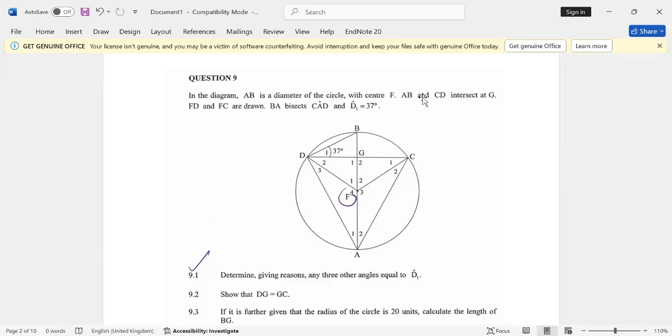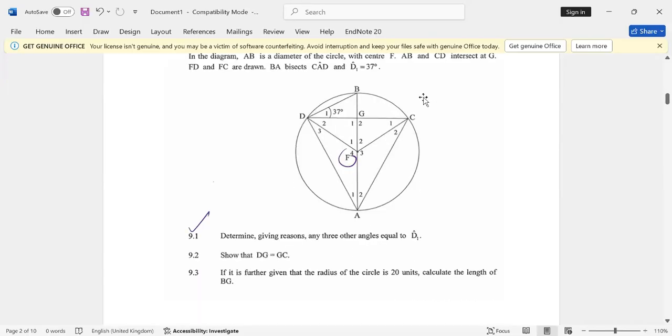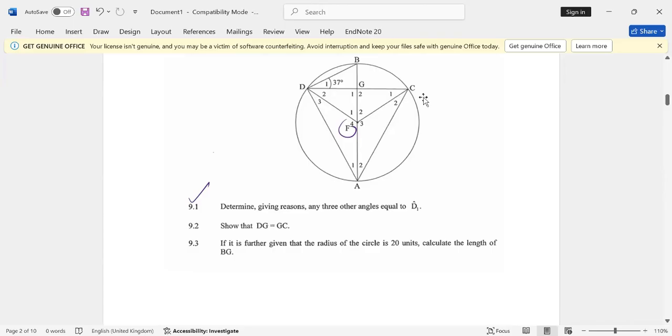And second, in 9.2, we have to show that DG equals GC. And further, given that the radius of the circle is 20 units, calculate the length of BG.